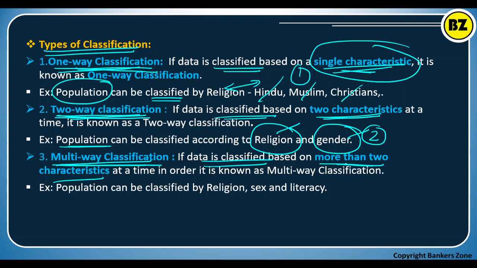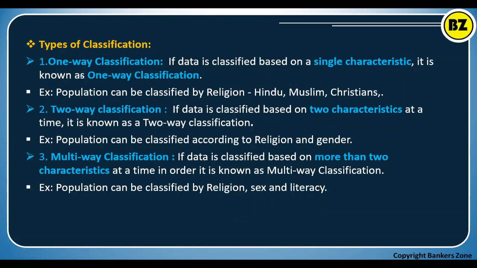Multi-way means more than two. For example, you are taking parameters or characteristics like region, gender and literacy. That means two plus characteristics you are using at that time. It is called multi-way classification. So very easy, right? One-way classification, two-way classification, multi-way classification.